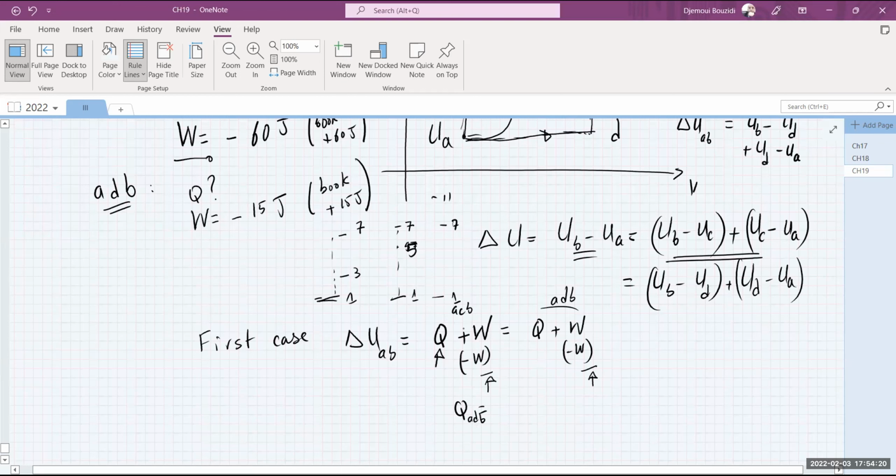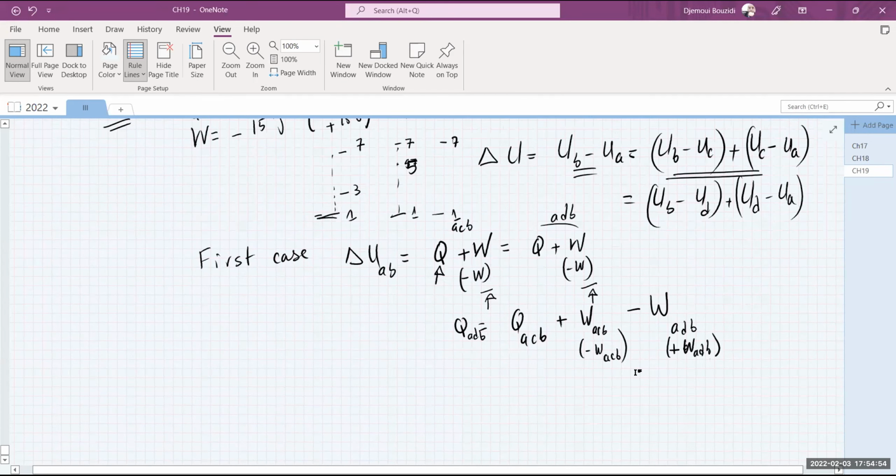So Q through ADB is Q through ACB plus the way that we write it, W through ACB, or according to the book, minus W through ACB, minus this work, the work through ADB, or according to the book, plus the work ADB. It's going to be the same answer no matter which way you cut it, okay?